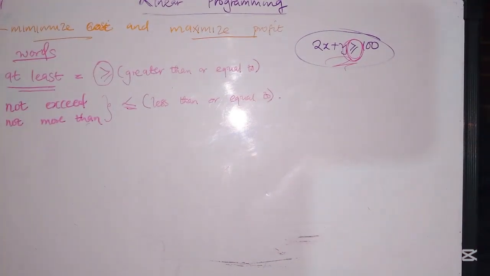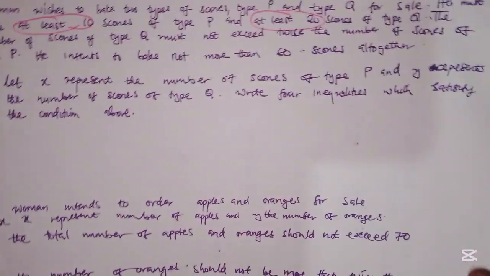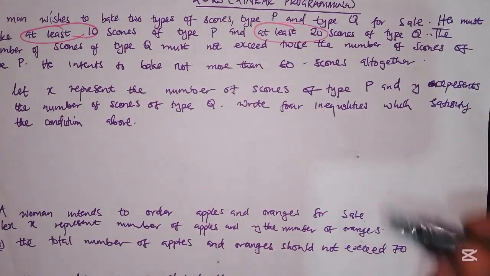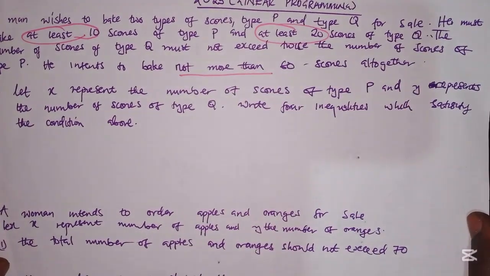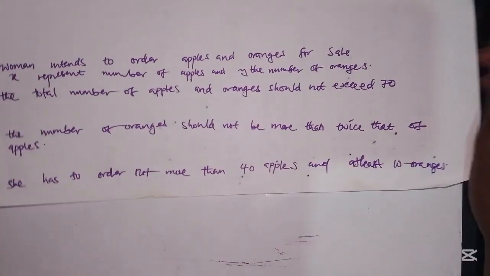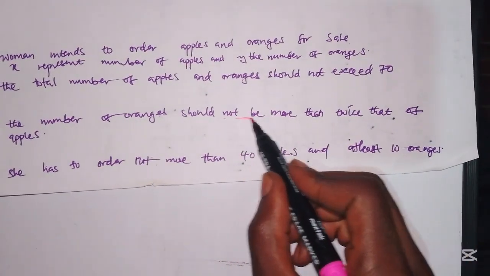Yeah. So these are the second group of words which you come across. So if you don't believe me, you can check it out in this question for 2025. So we have again not more than. Again, we also have should not be more than.